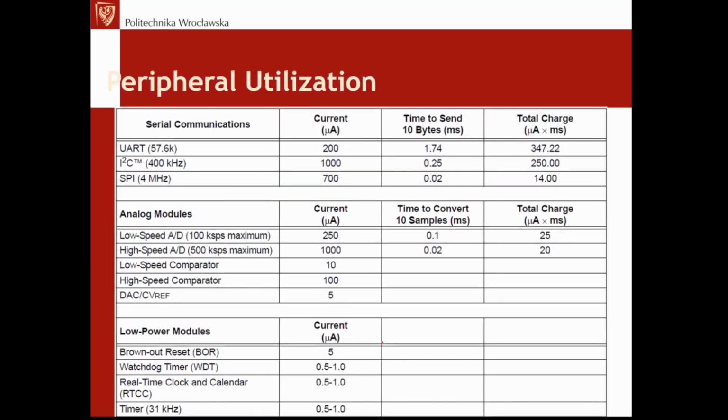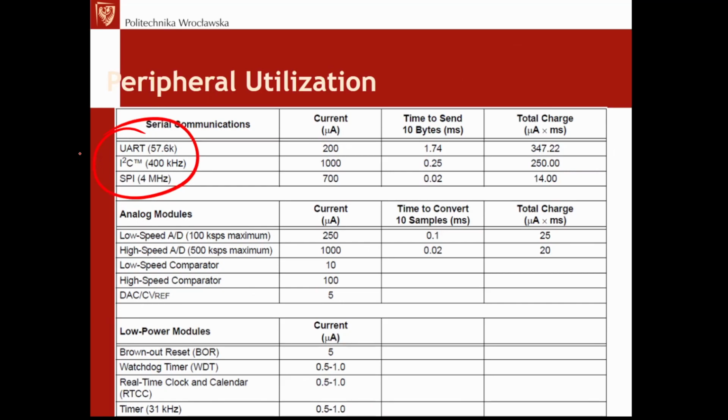And then we come smoothly to the next element, the utilization of peripherals. So the choice of peripherals also matters, and the simplest comparison, not maybe losing too much time here: should we use UART, I2C, or SPI in our design, and what is better?